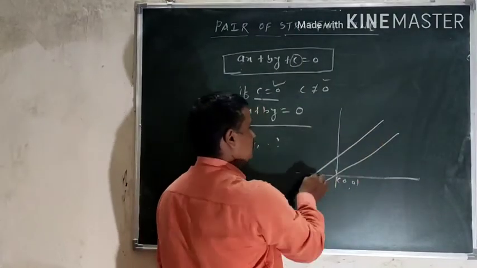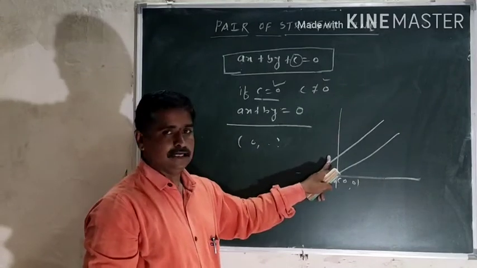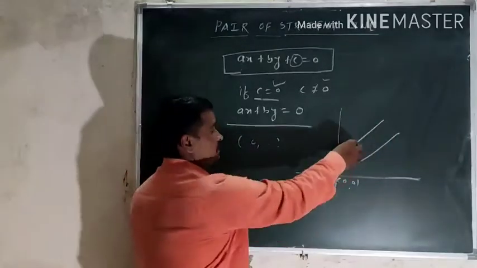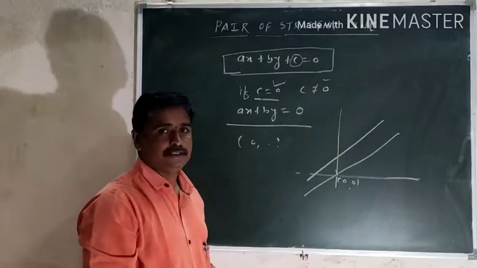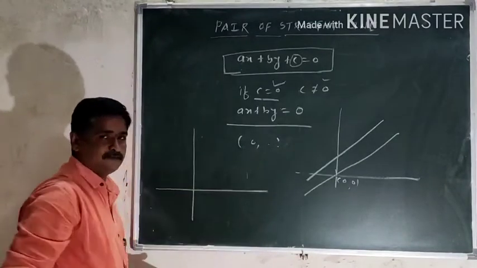That means one line and another line. We have to calculate the combined equation of a pair of straight lines. There are also two cases.